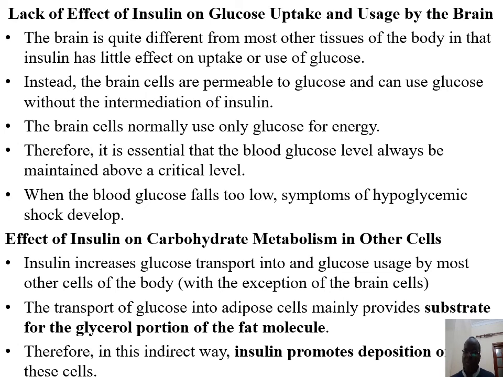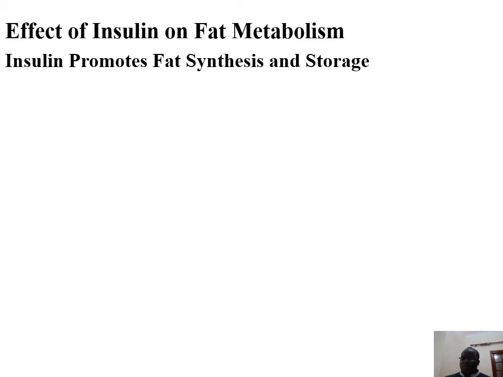The carbon backbone of the glucose molecule is called the glycerol molecule. Therefore, in this indirect way, insulin promotes deposition of fat in these cells, because it will provide the glycerol backbone of fatty acids. So the fatty acids will go and bind for the formation of triglycerides, diglycerides, and monoglycerides.